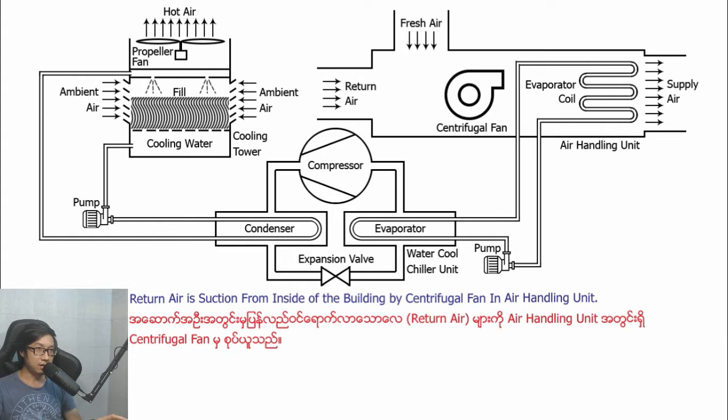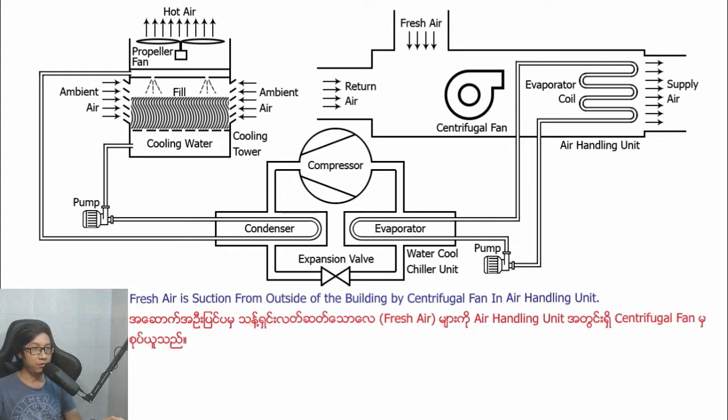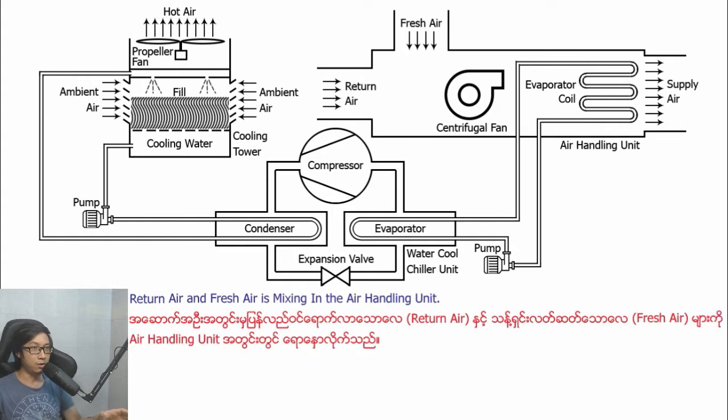Return air is suctioned from inside of the building by the centrifugal fan in the air handling unit. Fresh air is suctioned from outside of the building by the centrifugal fan in the air handling unit. Return air and fresh air mix in the air handling unit.